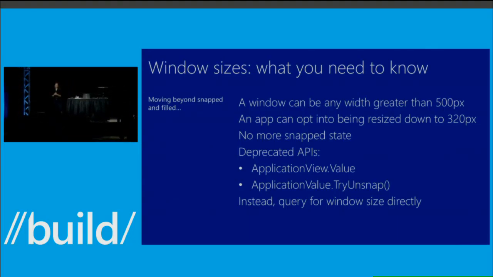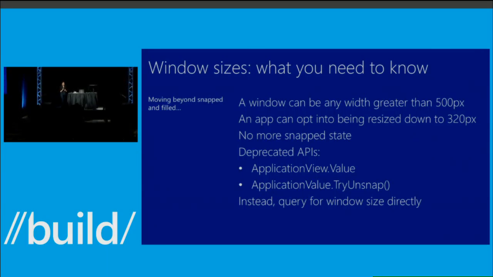If you choose to size down to 320, again, it's a smooth resize down to 320 pixels. You can be 400, you can be 408, any of those sizes. So you need to support that smooth re-rendering at any width. But can you set your minimum to be, say, 400 pixels, or is it only 500 or 320 is the minimum that you can set?